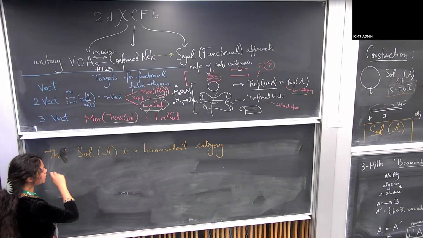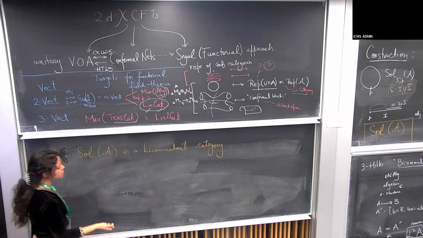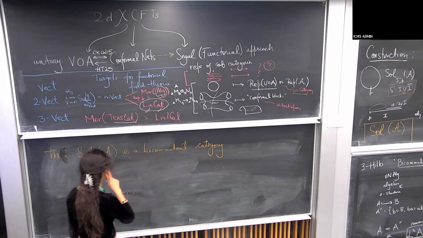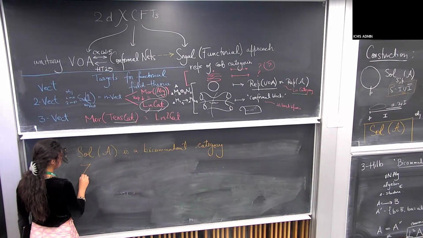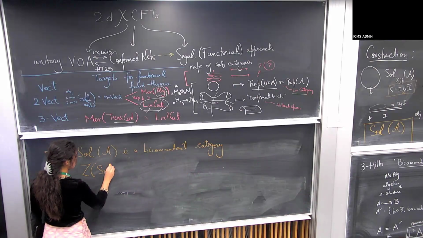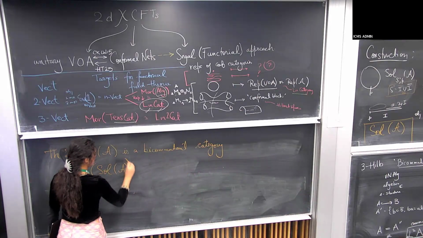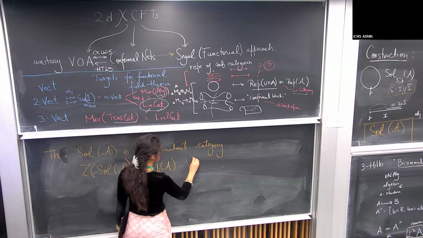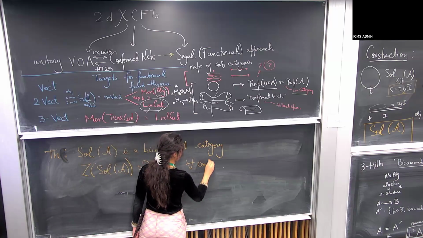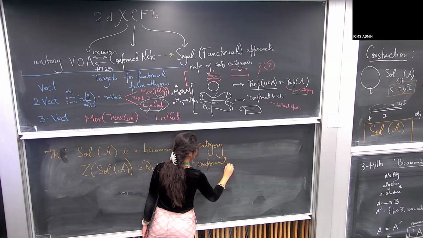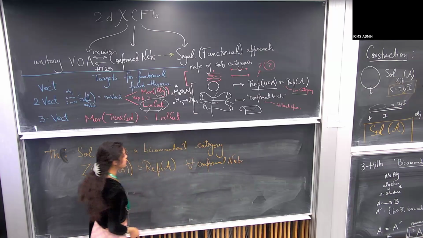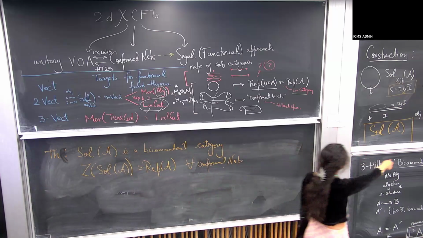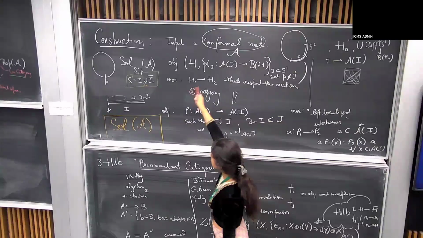So sol is a bicommutant category, and I had to show all these properties so that it behaves like a categorified von Neumann algebra. But the better part of the theorem is that the Drinfeld center of sol is Rep for all conformal nets. Rep is the DHR representation.